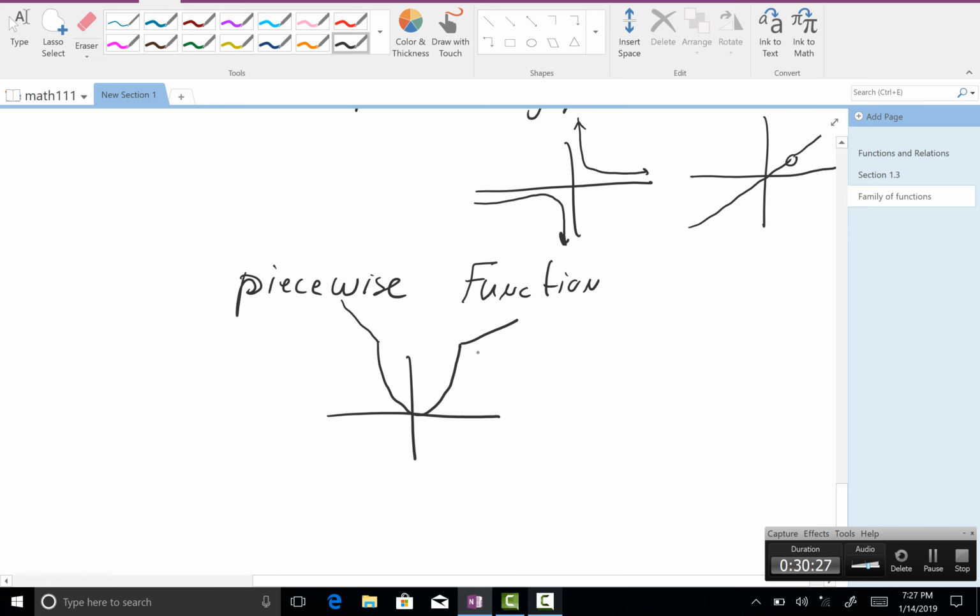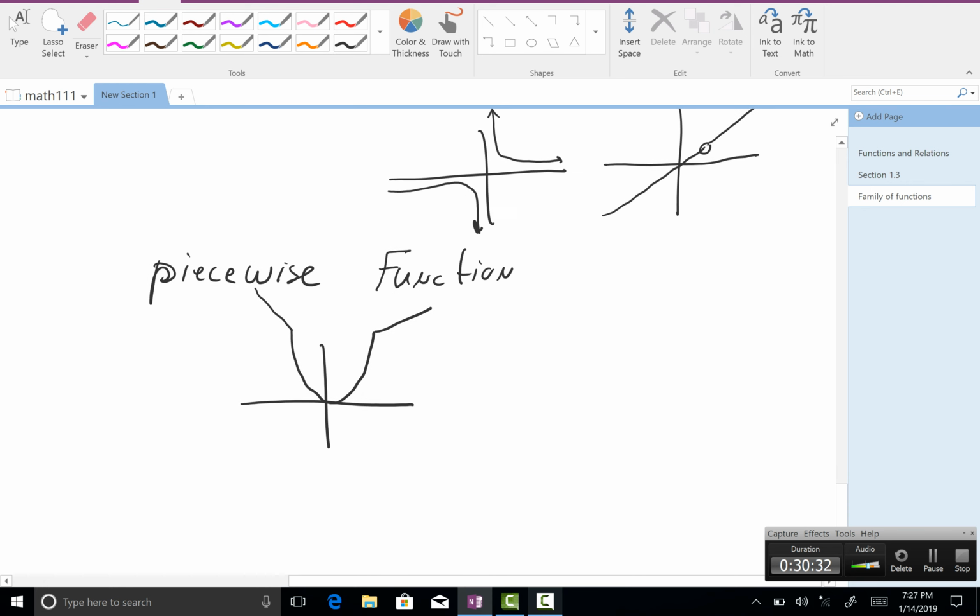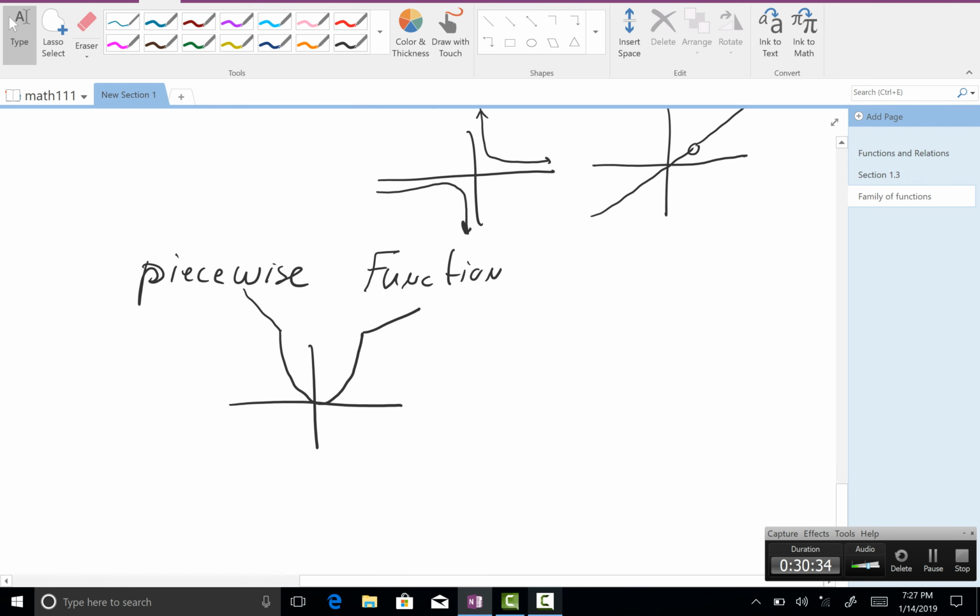Piecewise function. So a piecewise function is a function that's defined in pieces, basically. In this case, we have this piece here, which is a line coming down. We have a parabola here. And then we have another piece of a line going that way.